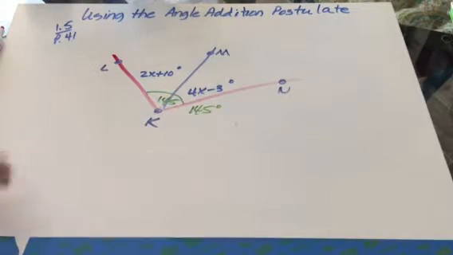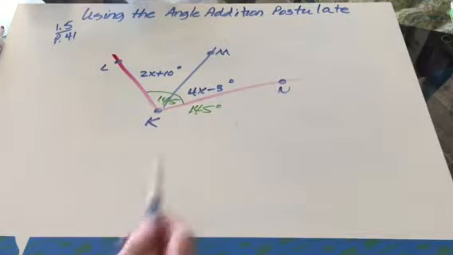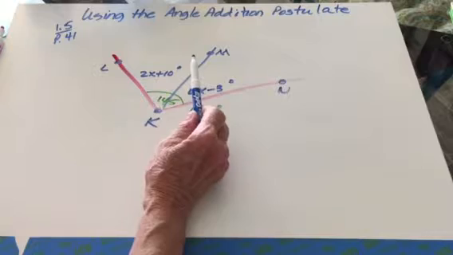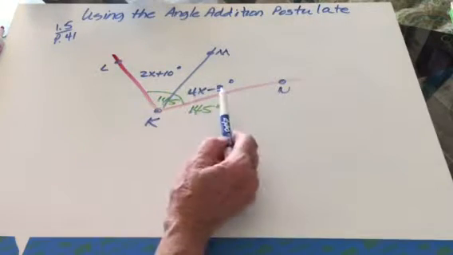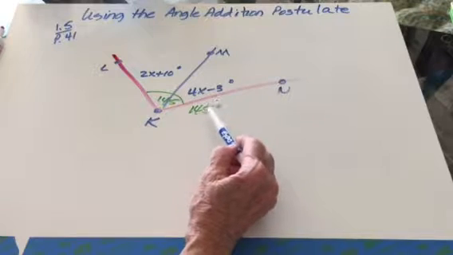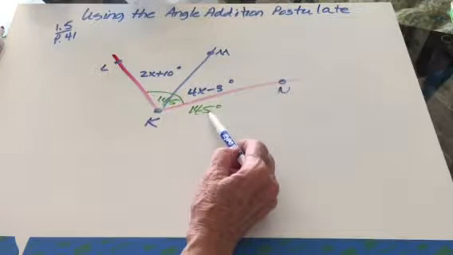I have a feeling that some kids watching this video can finish this off by themselves, but let's just do it anyway. I know that this plus this equals the whole thing. What is the whole thing? The whole thing is 145.